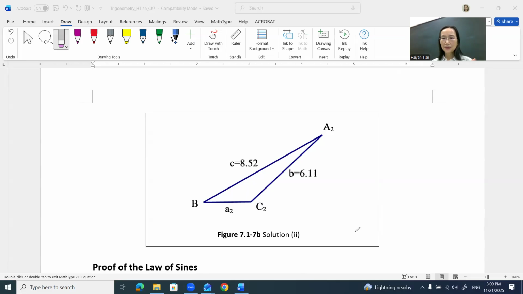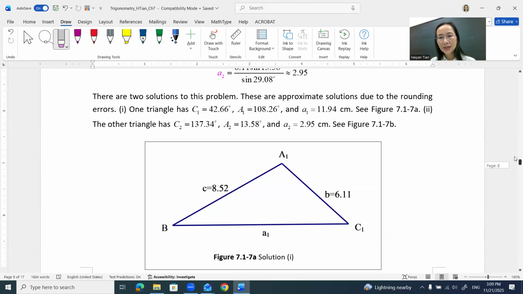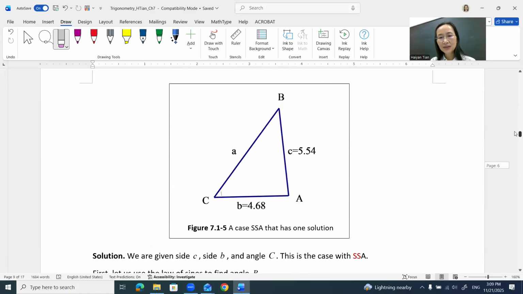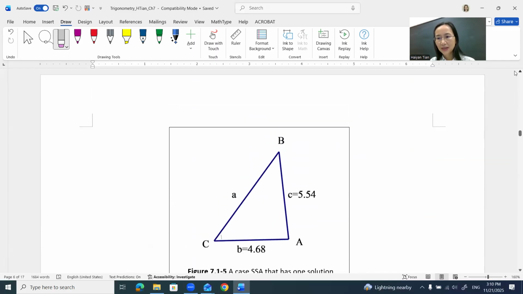So far you have seen three examples. The first case, no solution. The second case, one solution. This is the third case, two solutions. So here, two solutions, right? We see both. And then the previous example, we found one solution. That is, there was one unique triangle that satisfied the side angle data.